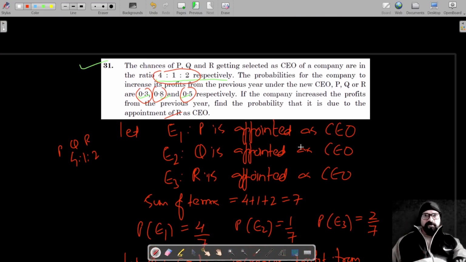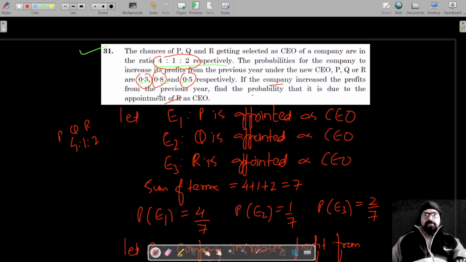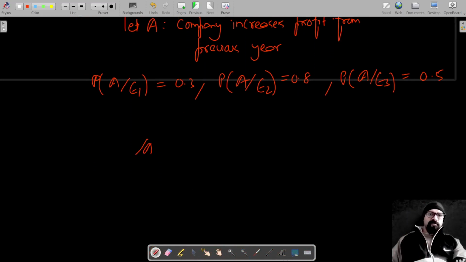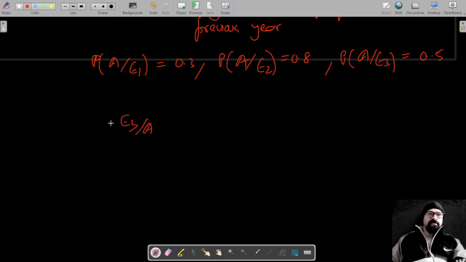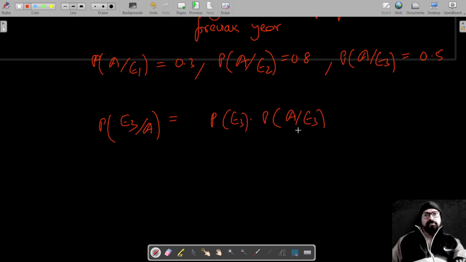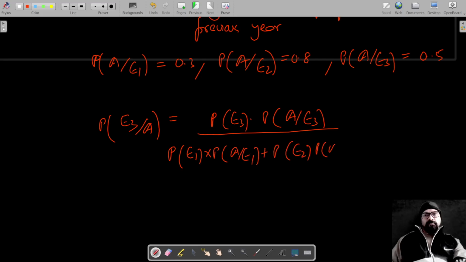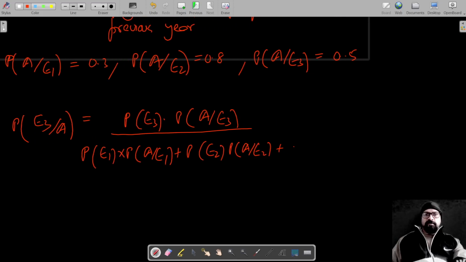Now we are going to use the Bayes theorem. We have to find the probability that, if the company increased the profits, it is because of R. So we have to find P of E3 given A, and using the Bayes theorem, it would be probability of E3 into probability of A given E3, over the sum of probabilities: probability of E1 into probability of A given E1, plus probability of E2 into probability of A given E2, plus probability of E3 into probability of A given E3.